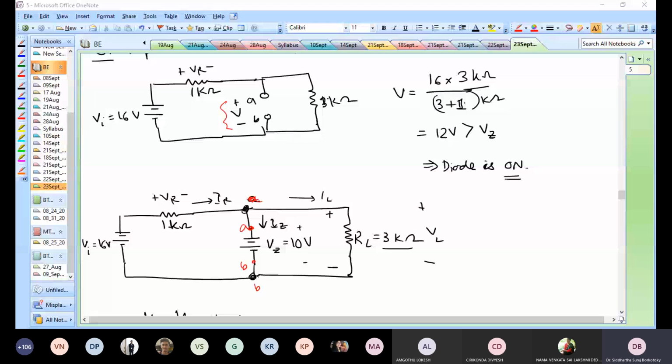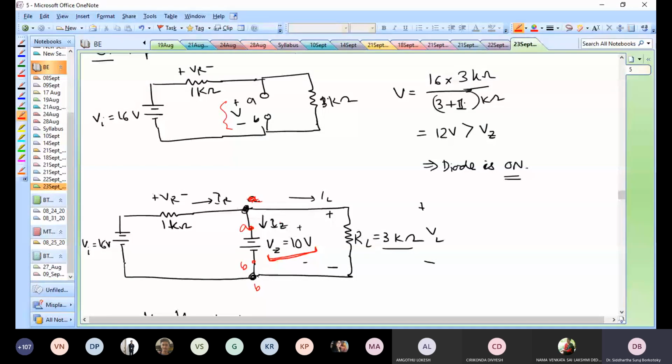So the diode is now acting as a voltage source. The voltage would be 10 volts, fixed at 10 volts. As I mentioned before in our previous classes, when the diode reaches the Zener potential, it will stay at the Zener potential even if you increase the reverse bias.